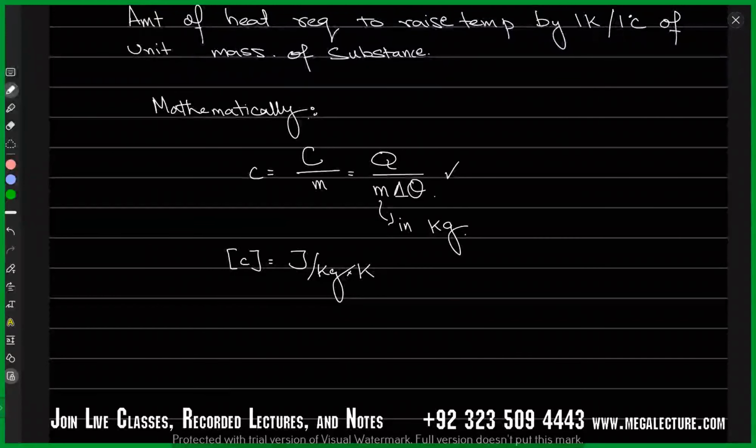You can rearrange the equation as Q is equal to mc delta theta. But remember, this c is the specific heat capacity, not the heat capacity, but the specific heat capacity. Right? So any questions from this? No questions.